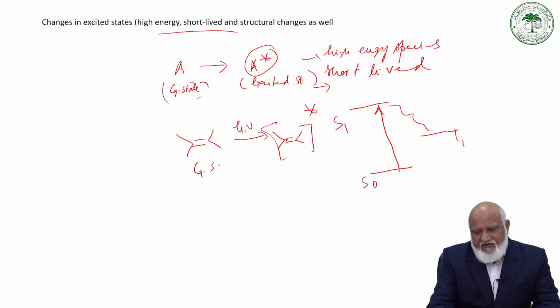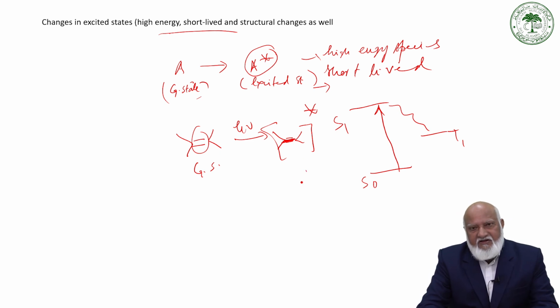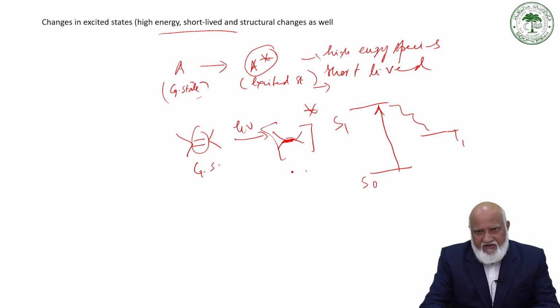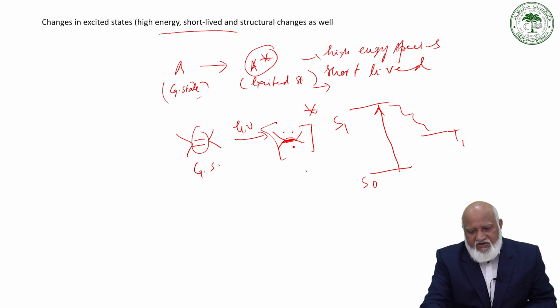Now these excited states no longer have the double bond; the double bond character of the ground state is lost in the excited state. They are now diradical species, and not only that, the structure changes. This is planar in the ground state. Now in the excited state they are pyramidal.